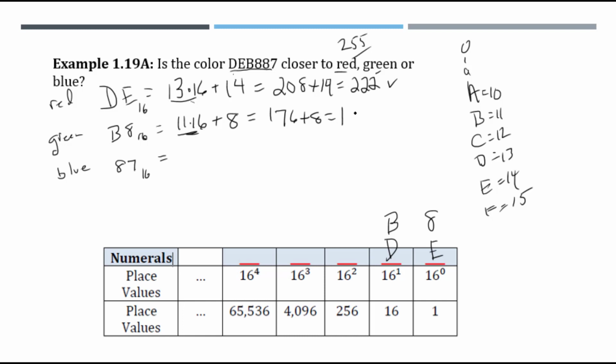So that's 184. And the last one is 87. So 8 sixteens and 7 ones. It's 8 times 16 plus 7 ones, and I don't even like doing that in my head. 8 times 16 is 128, plus 7, that's 135. So this color is closer to red because it's got more red in it than the other ones.